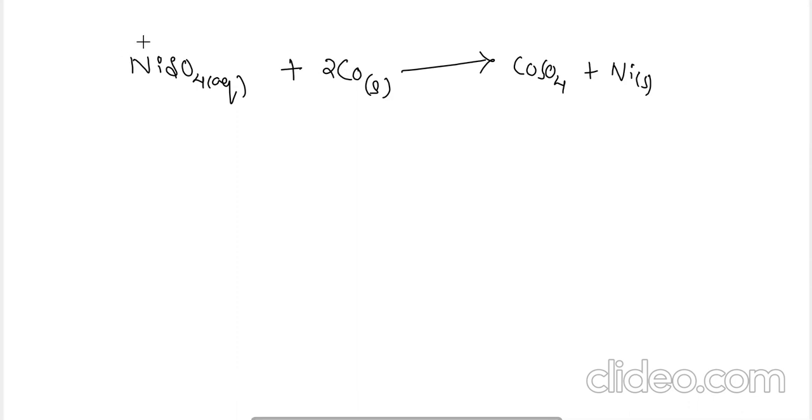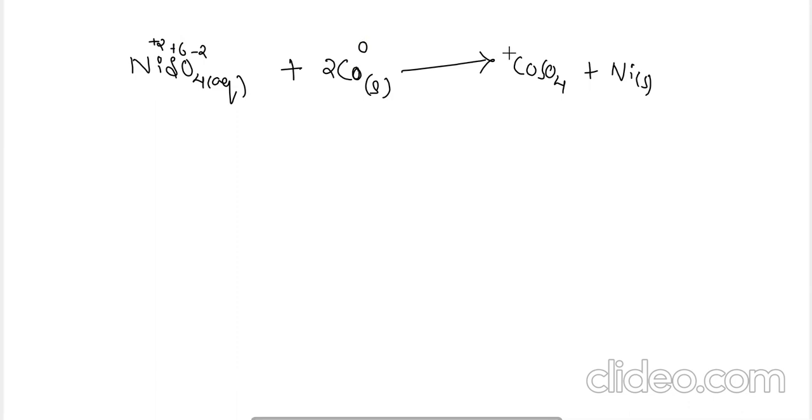Here nickel has +2 oxidation state. Sulfur has how much? If sulfate is -2, then +2 -2 is 0, so sulfur will have +6. Cobalt is a monoatomic solid, so it has 0 charge.